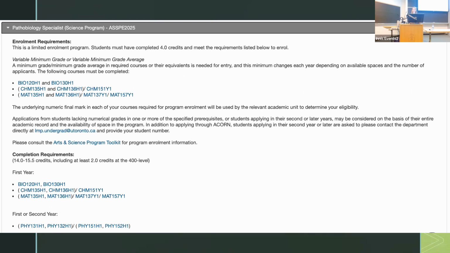I also want to point out here that I've only talked about Bio 120, Bio 130, Chem 135, Chem 136, and Math 135 and Math 136, but there are also a whole bunch of other course codes out there. If you see courses separated by a comma, the word and, a plus sign, or a semicolon, it means and.